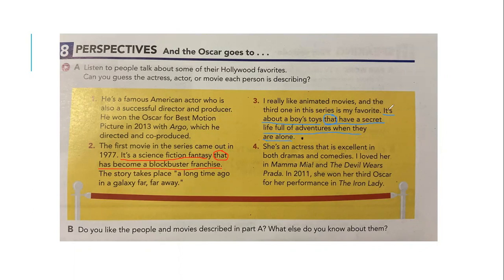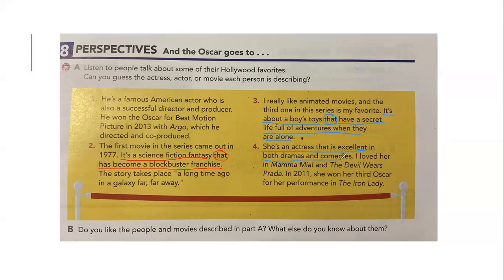Okay? Main clause, it's about a boy's toys. That, it's the relative pronoun, which is going to link the two sentences. It's going to join them. And from that to alone, it's a relative clause. And finally, number 4. She is an actress that is excellent in both dramas and comedies.